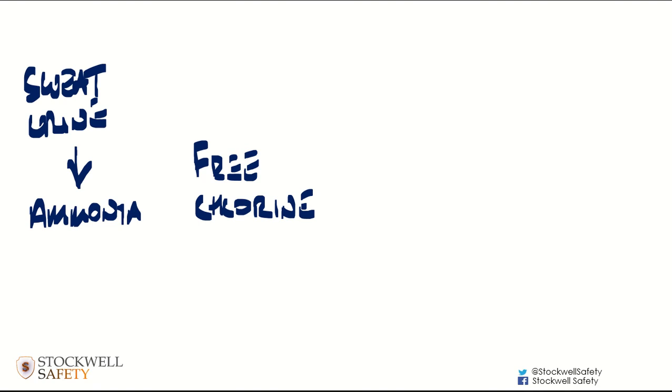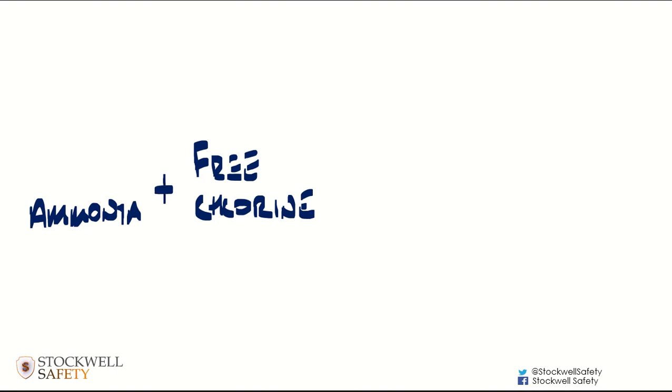So it's almost inevitable, really, that there's going to be ammonia being introduced into a swimming pool. And what will happen is the ammonia and the free chlorine will start to react with each other, start to combine, and that produces something called chloramines. But what we tend to do is just call it combined chlorine.